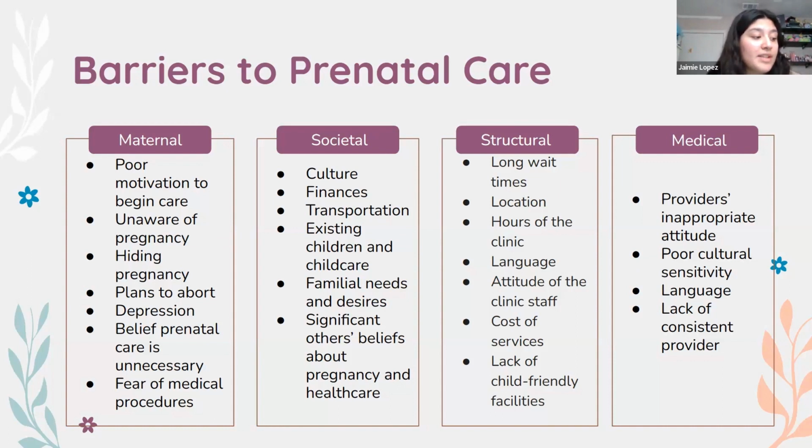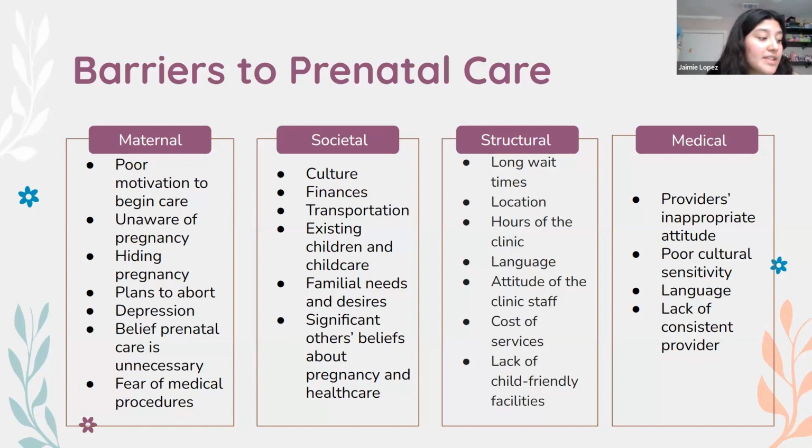Some of the most common societal barriers identified within the study include culture, finances, transportation, existing children and childcare, familial needs and desires, significant others' beliefs about pregnancy, and healthcare. The structural dimension encompasses the format of care and, to some extent, the provider of care.